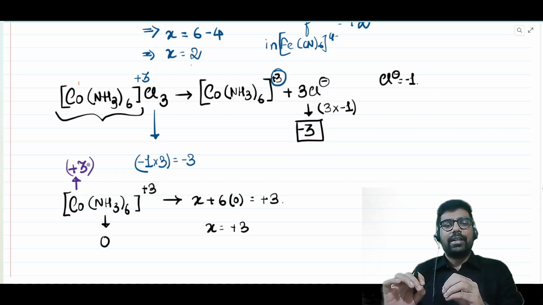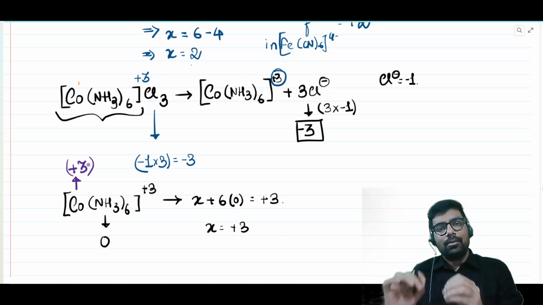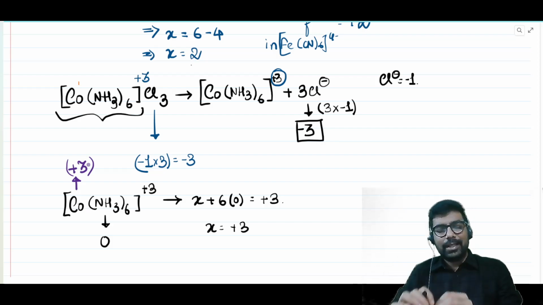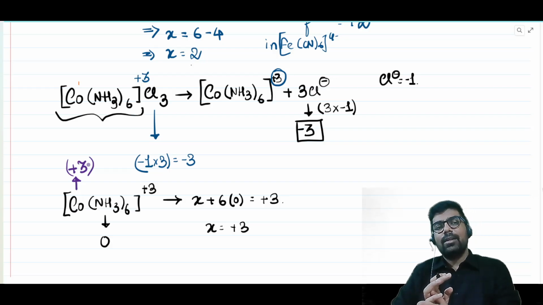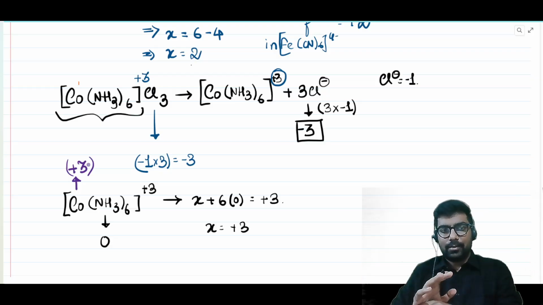But all you have to do is wait 15 to 20 minutes. I will give you a chart which will contain lots of ligands. Some are monodentate with a minus 1 charge, some are bidentate with a charge of minus 2, etc. And that you have to remember. If you don't know the charge of the ligand, you cannot find out the oxidation state of the metal, right?